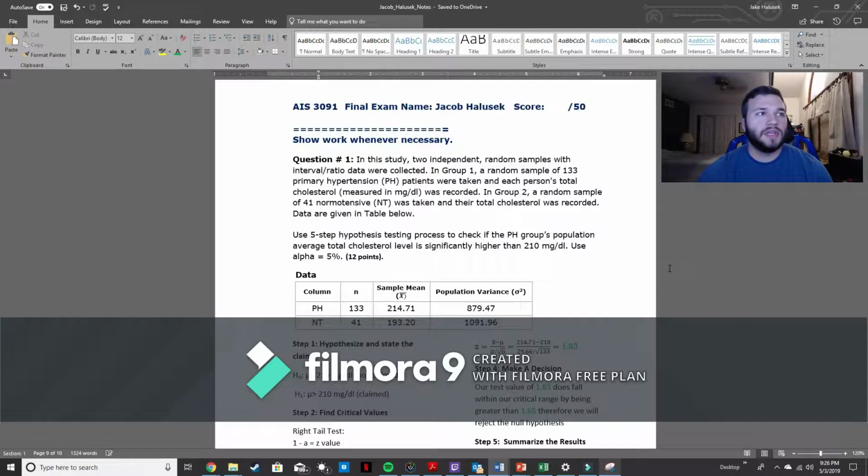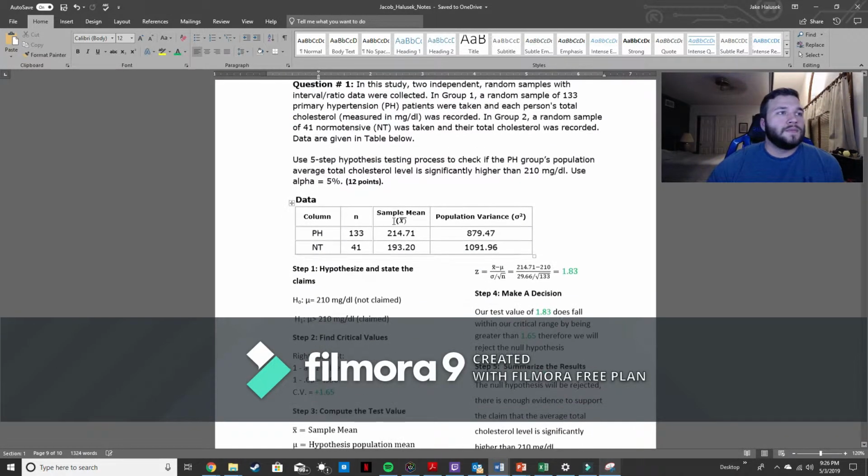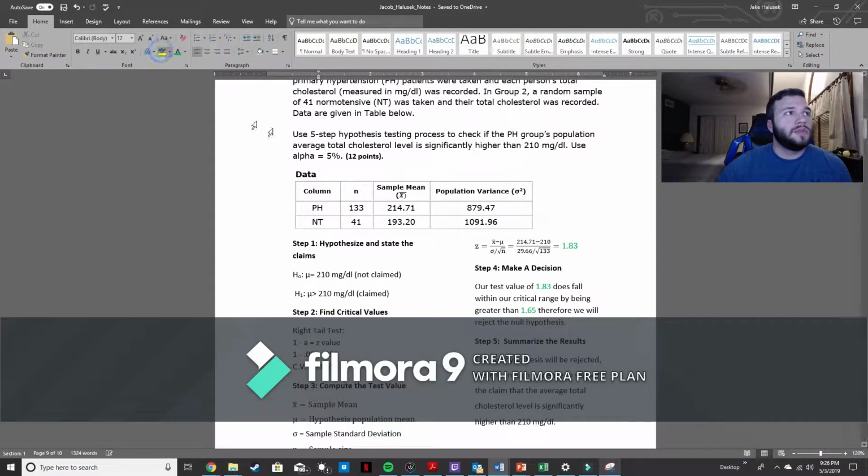In group 2, a random sample of 41 normotensive patients was taken and their total cholesterol was recorded. Data is displayed in the table. We are told to use a 5-step hypothesis testing process to see if our PH group's population total cholesterol level is significantly higher than 210 milligrams per deciliter, using alpha equals 5%.